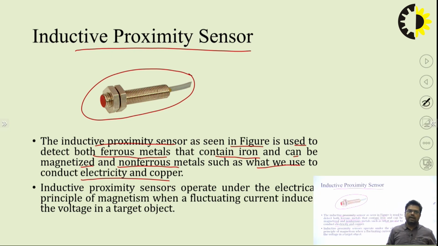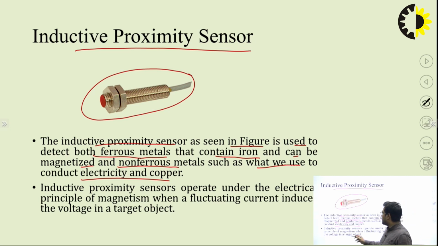So, basically any metal, any metal atom that contains iron or some copper material, where the flow of electricity is possible, that kind of measurement can be done with the help of this inductive proximity sensor.